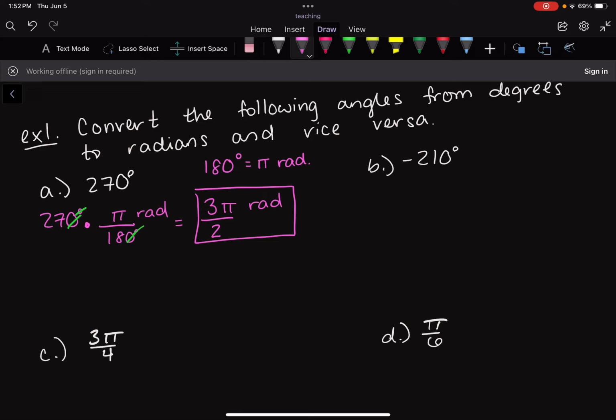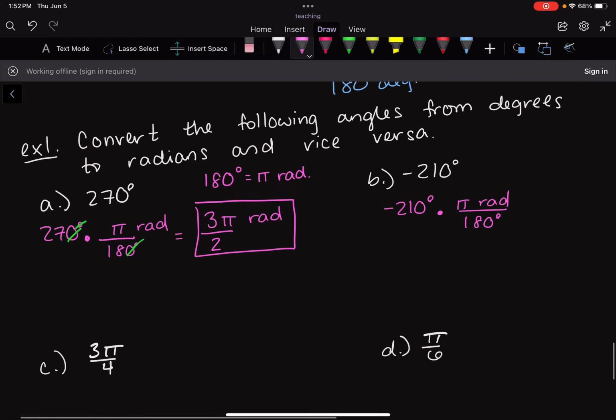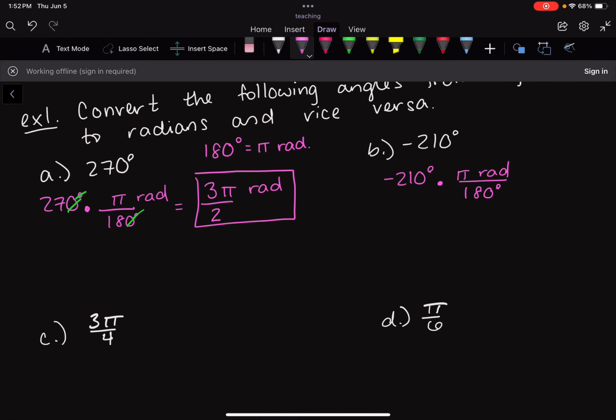Let's work with negative 210 degrees. So again, I'm going to multiply by pi radians over 180 degrees. And just to let you know, you could also use 2 pi over 360. It's just since we're having to simplify, it's nice to use smaller numbers.